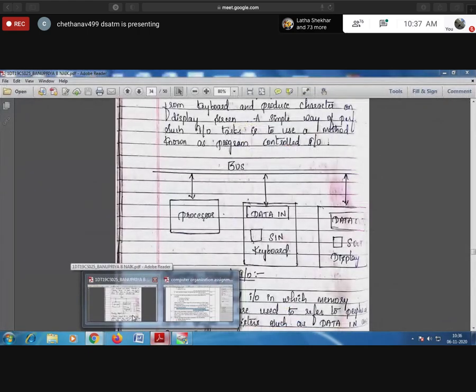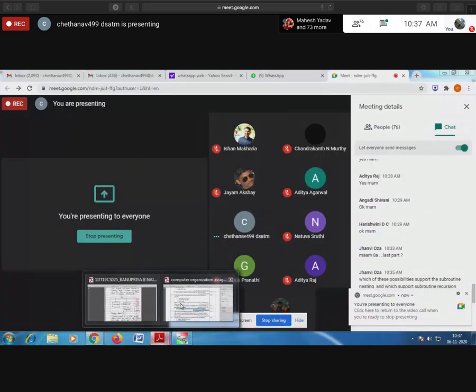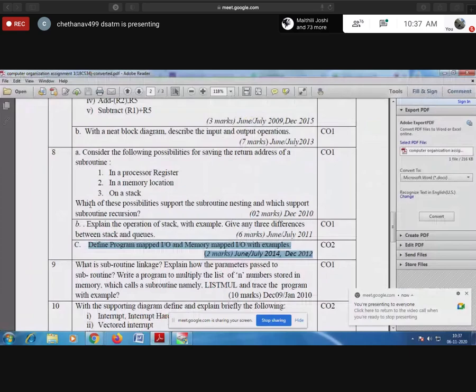Usually recursion means one function will call the same function again and again. Now see the question: which of the possibilities support subroutine nesting? Recursion will take even stack, but they provided memory location also.